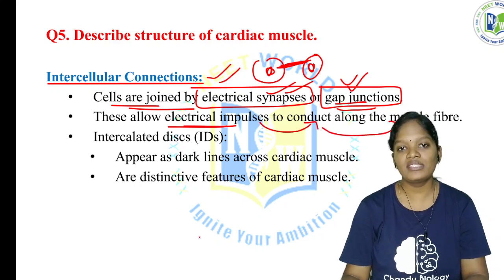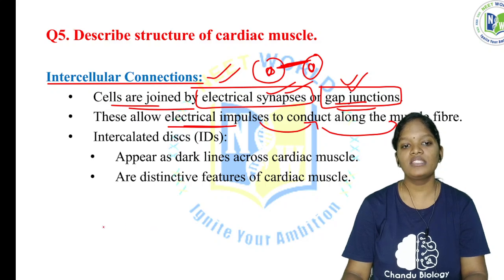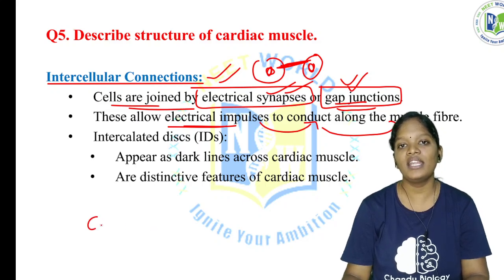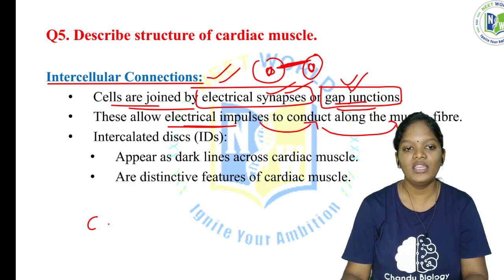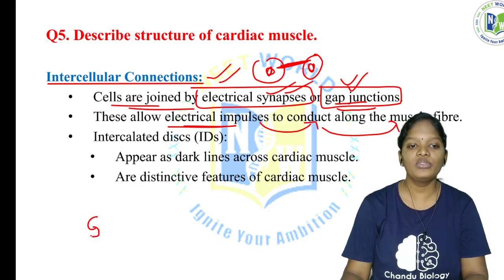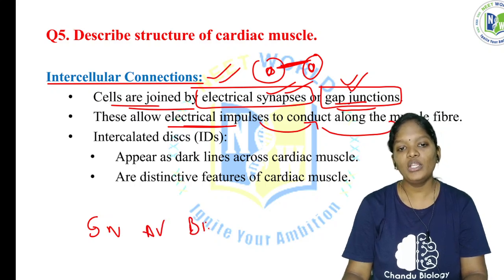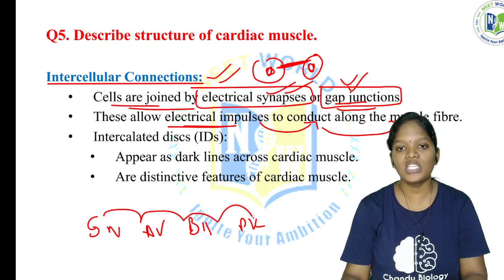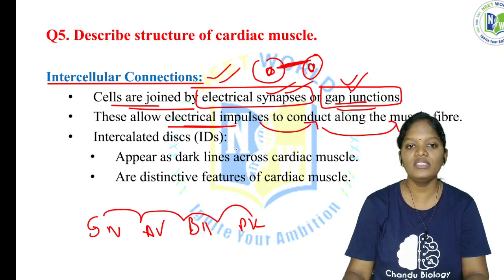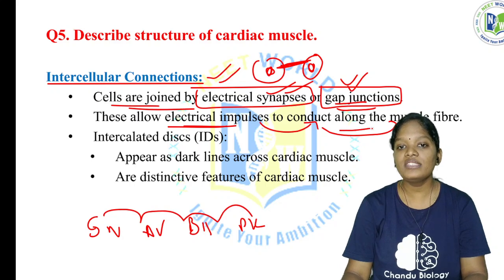In one of the previous classes, we discussed the working principle of impulse conduction in the heart. There we studied the sinoatrial node, AV node, bundle of His and Purkinje fibers, and how they conduct the impulse from one chamber to another chamber, all because of this gap junction.